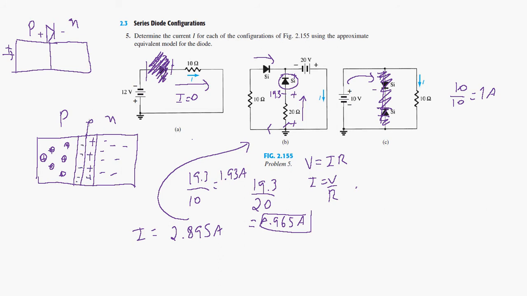So in order for us to overcome this depletion region, note that it creates an electric field in this direction. The electric field always goes from the positive side to the negative side, and that's the direction that a positive charge would move under the influence of the electric field.